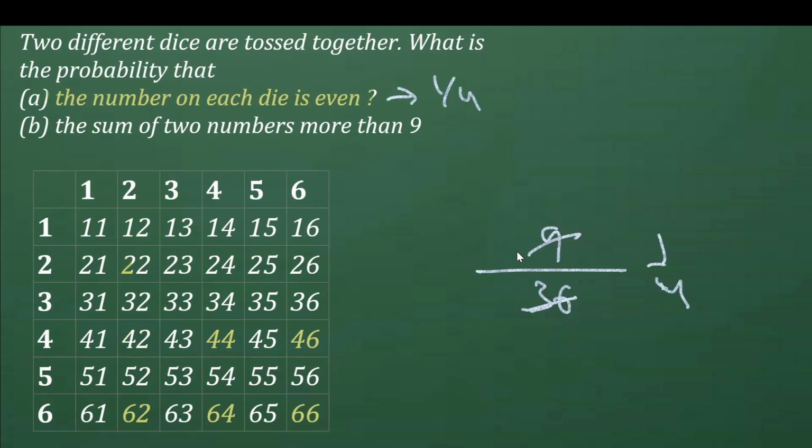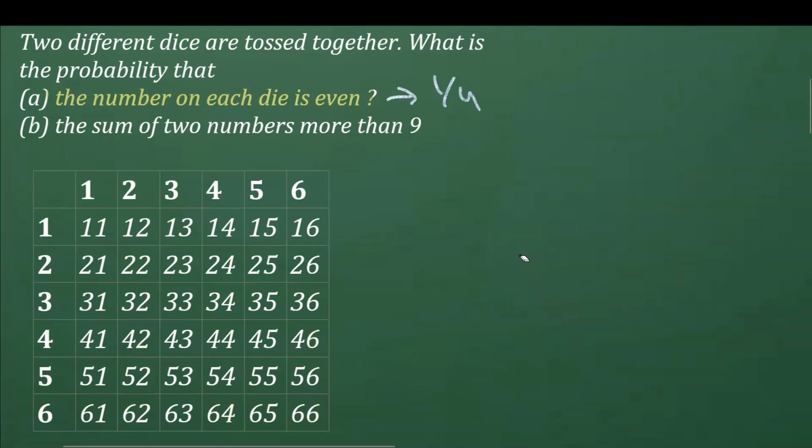Now check for the next. It says the sum of the numbers on two dice is more than 9. It's always easier to find from the end. This is 11 and this is 10, right?